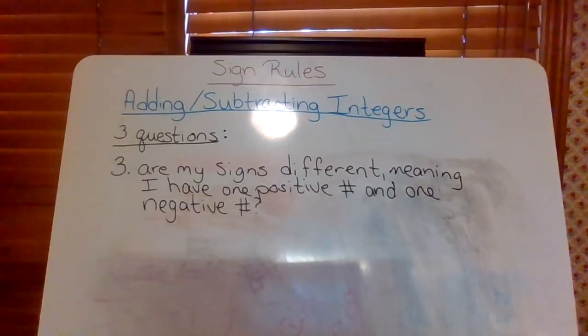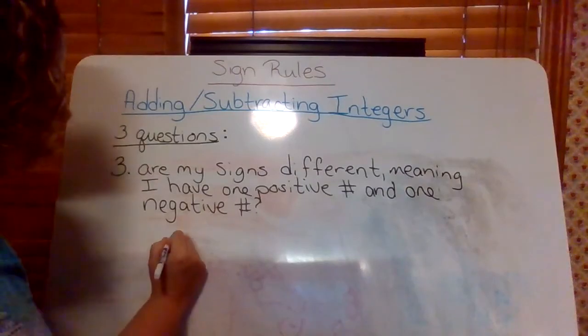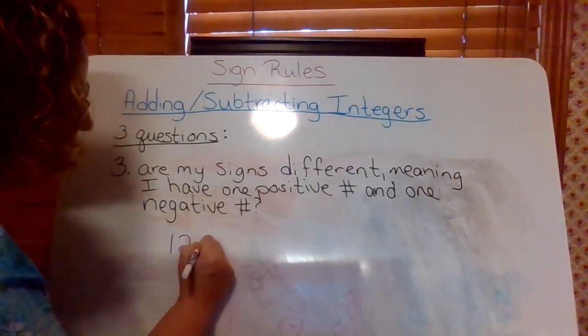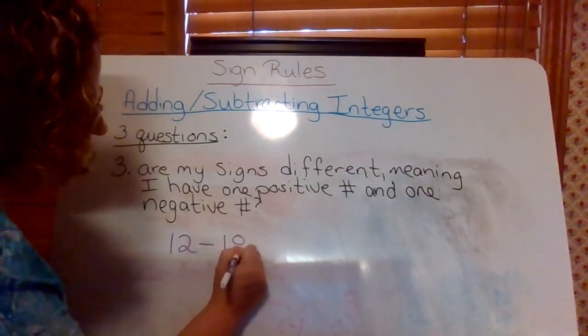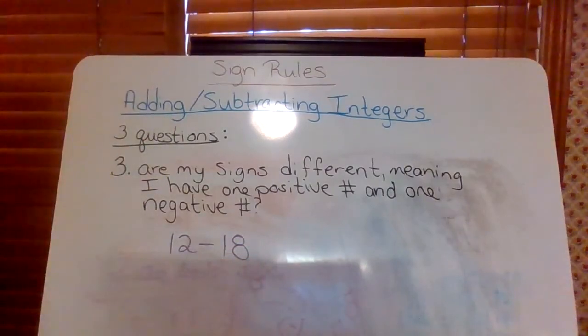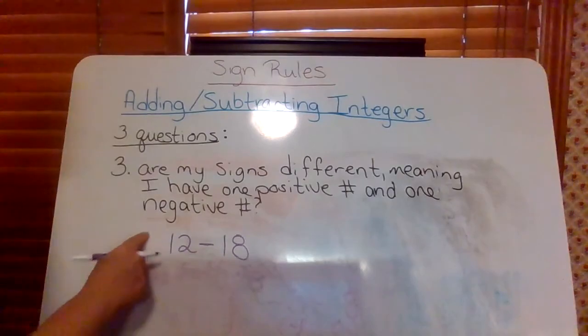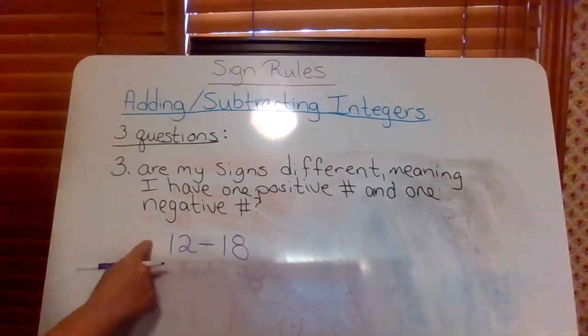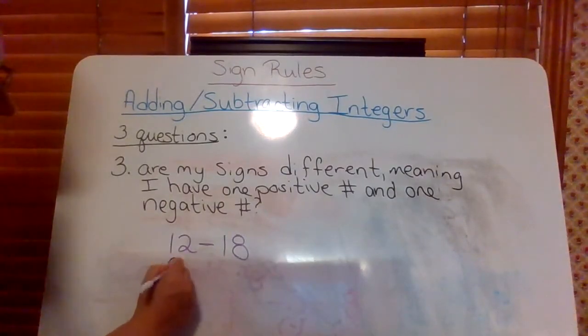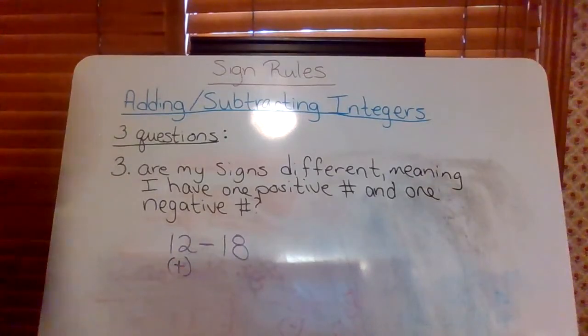So what does Miss Long mean? Well, this is what I mean. What if I give you 12 minus 18? Okay, we talked about in the first part, there's an understood positive right here. So that means this 12 is a positive number.